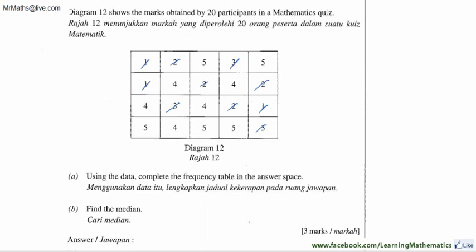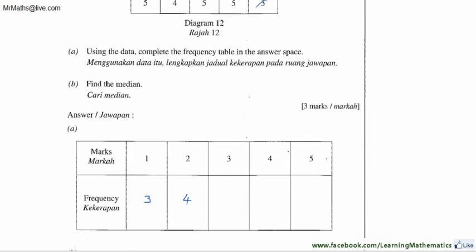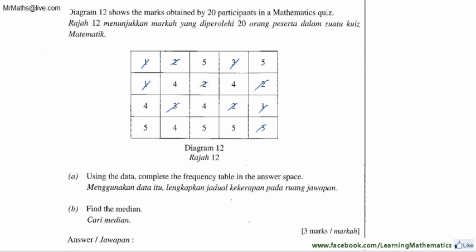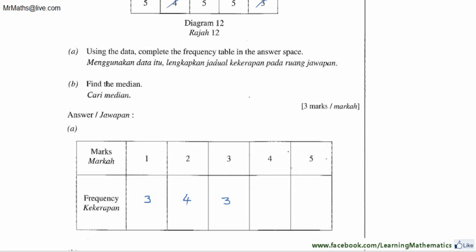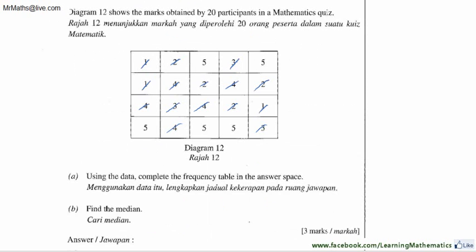Okay, 3. What about 4? It's 1, 2, 3, 4, 5. So that's 5. And Mach 5, 1, 2, 3, 4, 5 as well. So 5.